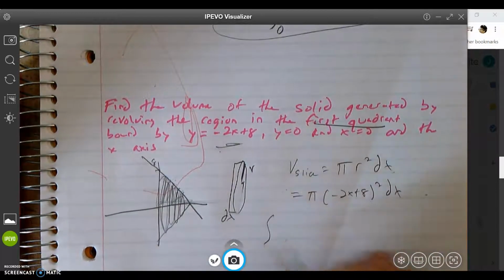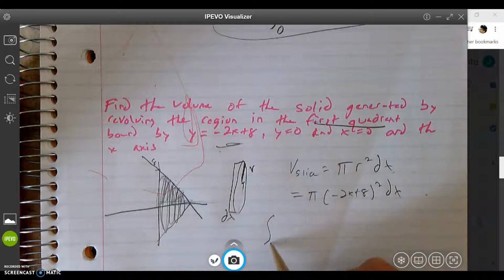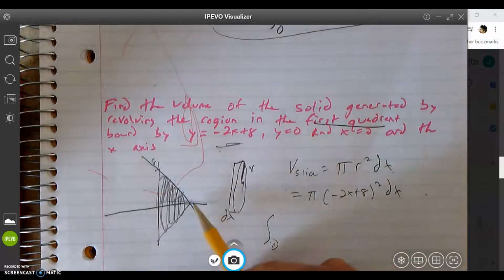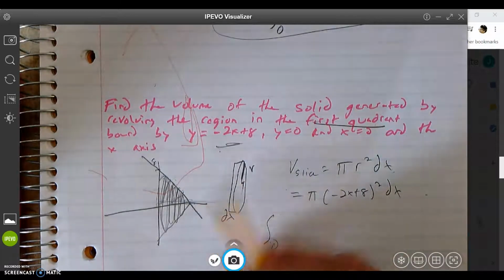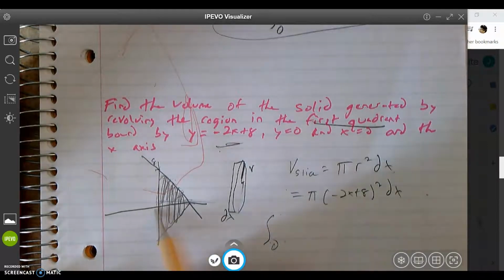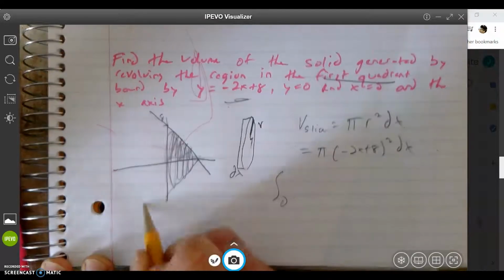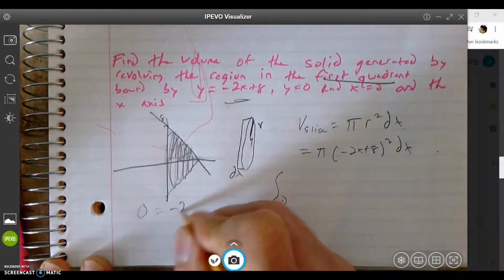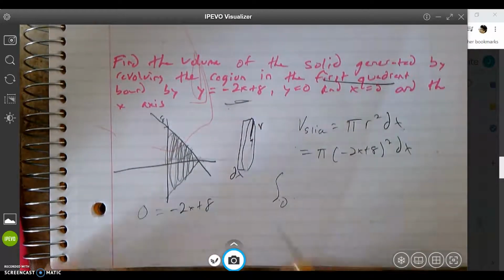All right, the entire thing is going to be the area between 0 and, what is that point right there? It doesn't tell you here. How might I get it? When a function touches the x-axis, that's called a zero. So I'm going to set 0 equal to negative 2x plus 8.